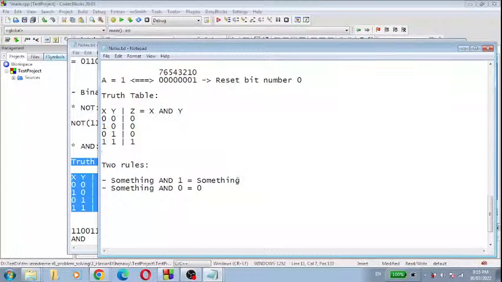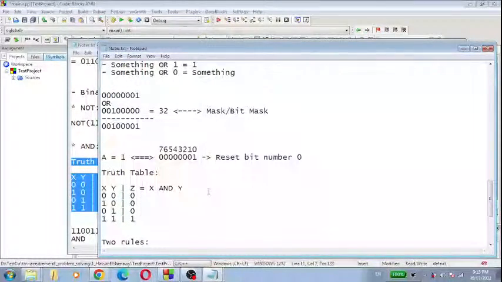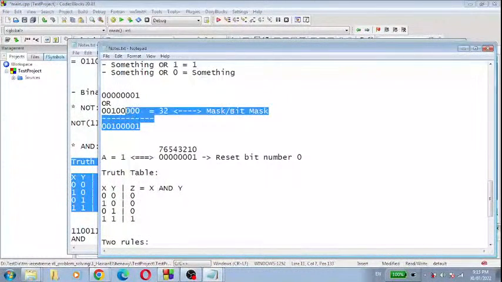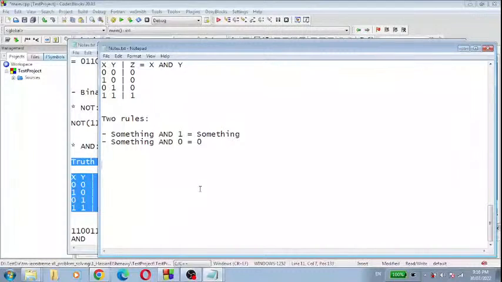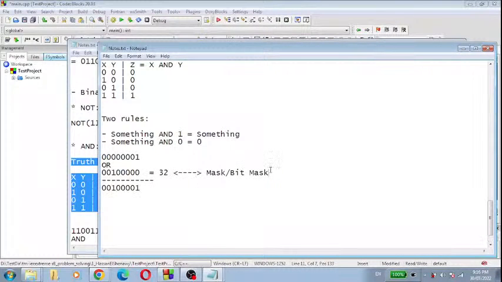Now, we need to reset this bit. Okay, we are going to use the AND operation for resetting a bit. How could we use this? Actually, we need to change this bit only.